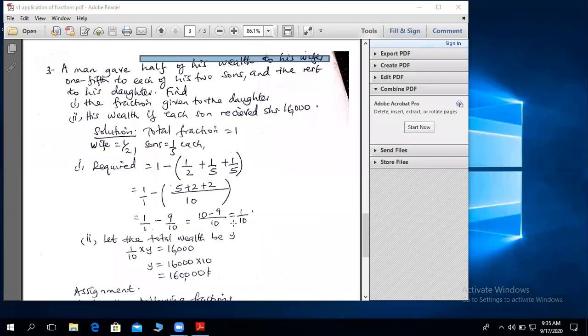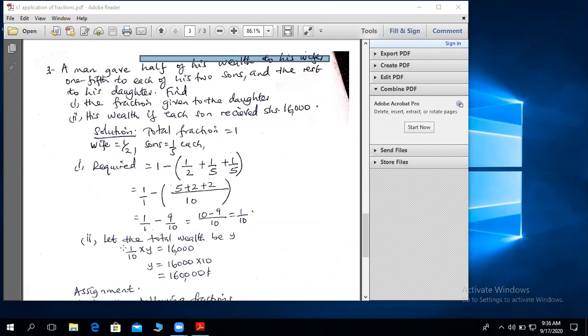I think this is a mistake. I'm using a wrong fraction. This is supposed to be, because the fraction of the son, if each son received 16,000 shillings, each of the sons. So the fraction of one son is 1 out of 5.